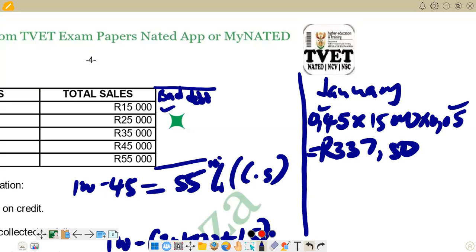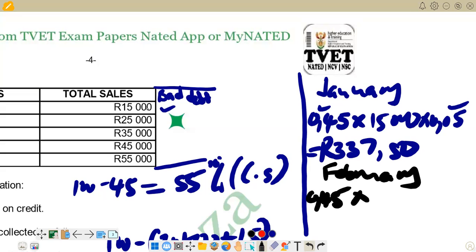Then we go to February. Now we are on February. Right, for February we are saying again 0.45 component of credit. Then we multiply by the total sales that we have there, that is 25,000.